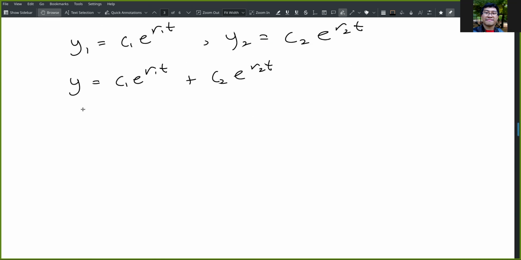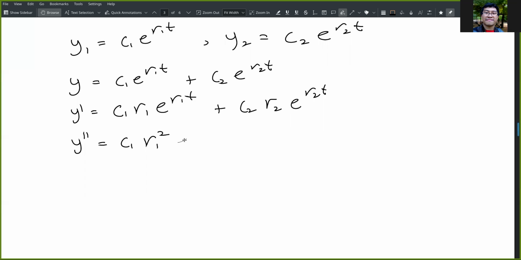If you want to verify, let's take the first derivative. That's c1 r1 e^(r1 t) plus c2 r2 e^(r2 t), and the second derivative is c1 r1 squared e^(r1 t) plus c2 r2 squared e^(r2 t).